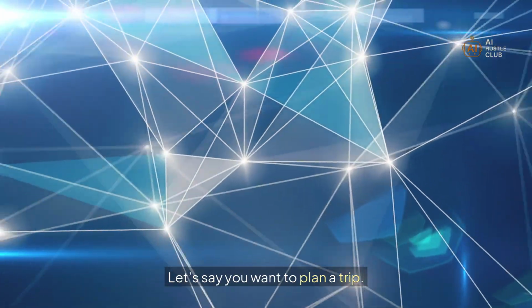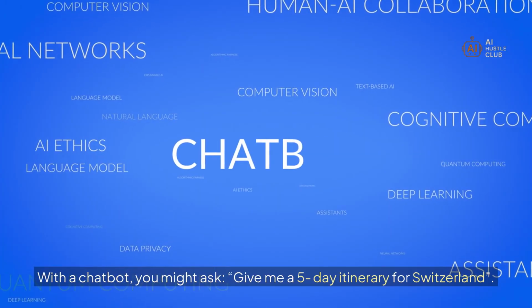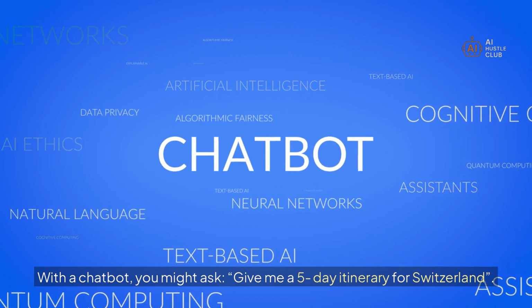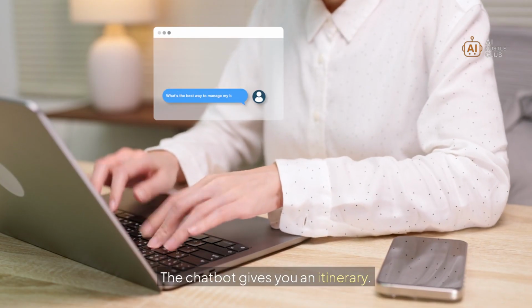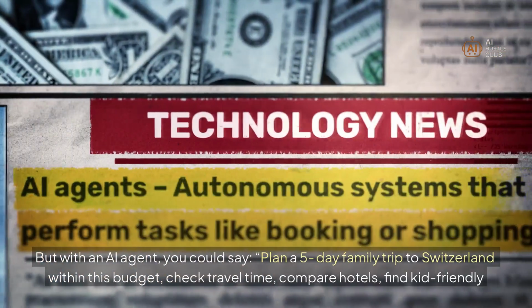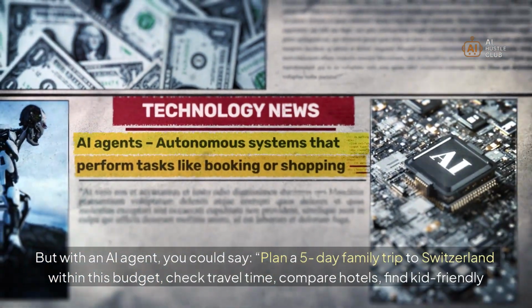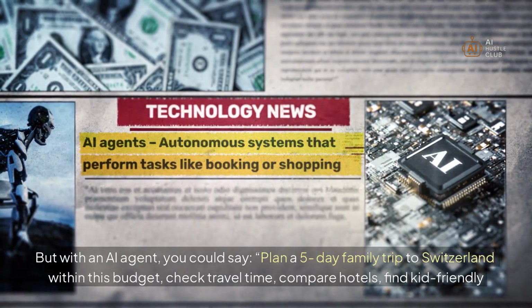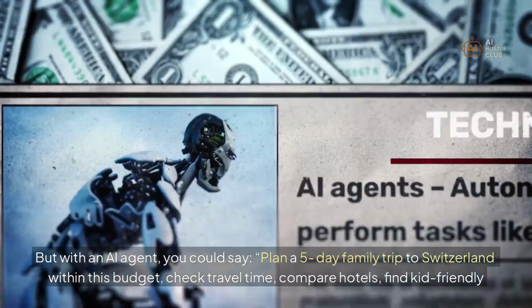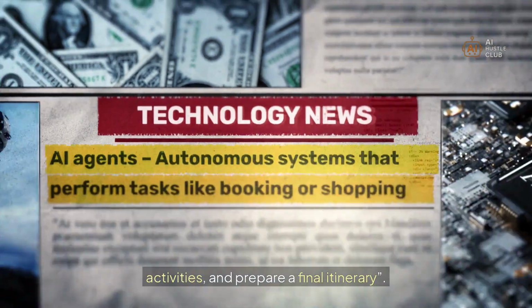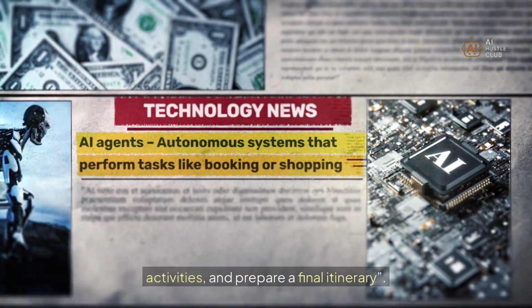Let's say you want to plan a trip. With a chatbot, you might ask, "Give me a 5-day itinerary for Switzerland." The chatbot gives you an itinerary. But with an AI agent, you could say, "Plan a 5-day family trip to Switzerland within this budget. Check travel time, compare hotels, find kid-friendly activities, and prepare a final itinerary."